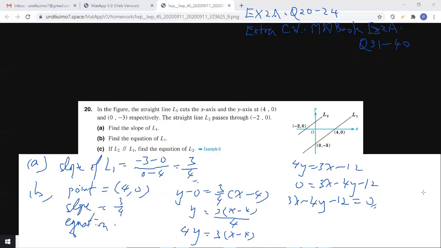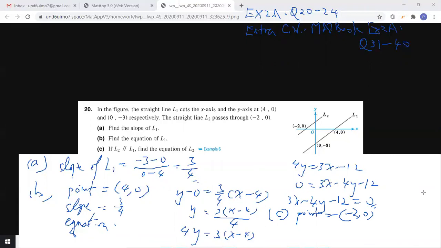Then part C. If L2 is parallel to L1, find the equation of L2. We need to follow the point slope equation approach. For the point, we have a point on L2 that is (-2, 0).